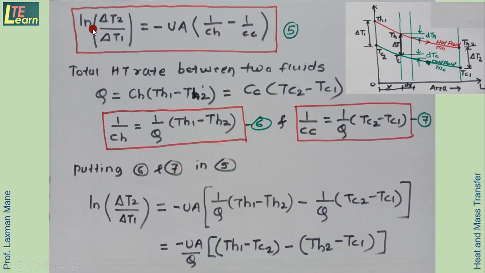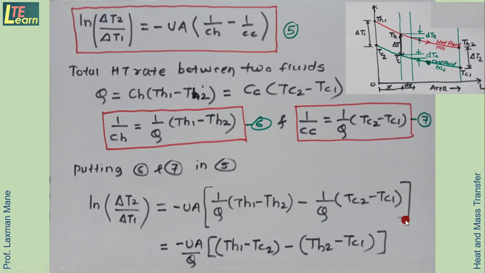So here on the left side natural log of delta T2 upon delta T1 is equal to minus UA, and then in the square bracket, for 1 upon Ch write this expression, 1 upon Q into Th1 minus Th2. Then the minus sign. Then for 1 upon Cc write this expression, 1 upon Q into Tc2 minus Tc1.